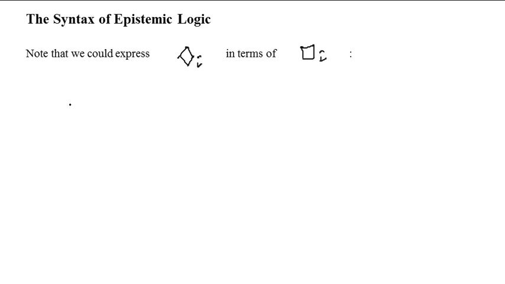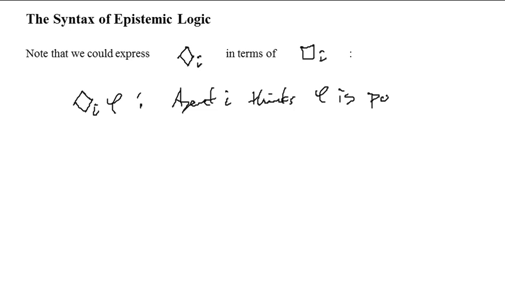But notice that if I say diamond I of phi, remember that's supposed to represent that agent I thinks or believes phi is possible.